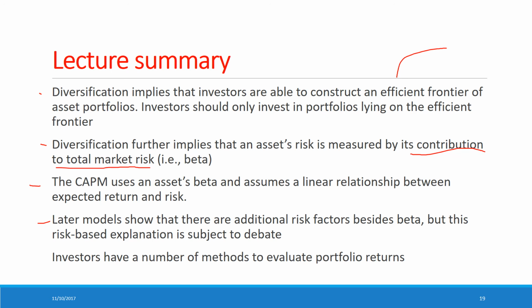So later on, people show that additional risk factors besides beta could also affect asset returns. But the risk-based explanation under the CAPM model is debatable, right? So some people show that non-risk-based factors could also affect returns, like the momentum factor, right?